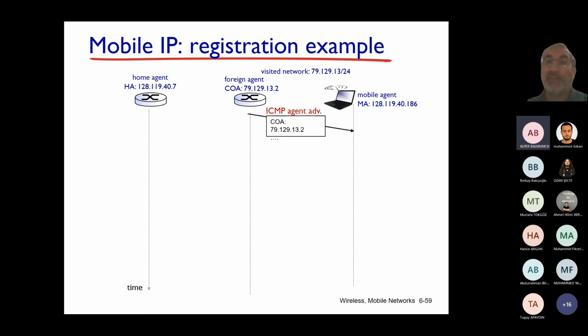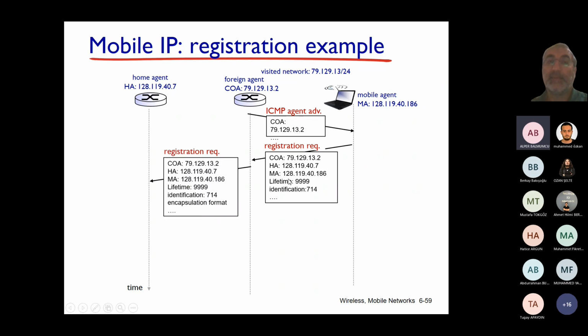So first of all, the foreign agent is going to send an agent advertisement message, and then the mobile agent receives this and replies by sending the registration request, and the care of address is 79 and the home address is 128 119 and so on, and the mobile address is 186, and then it passes these packets to the home agent.